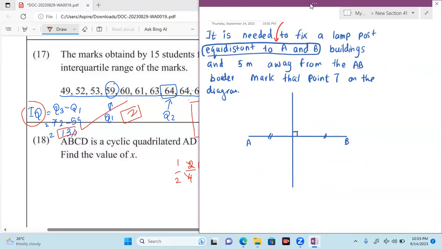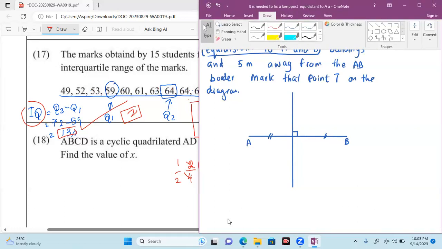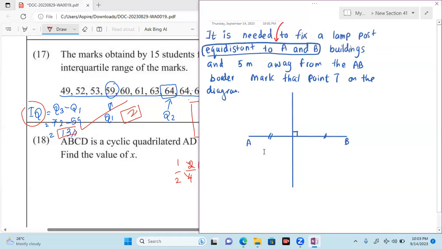What is the locus it forms if it is equidistant to two points?